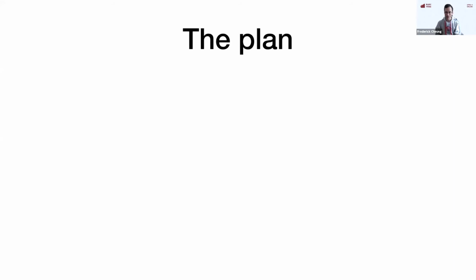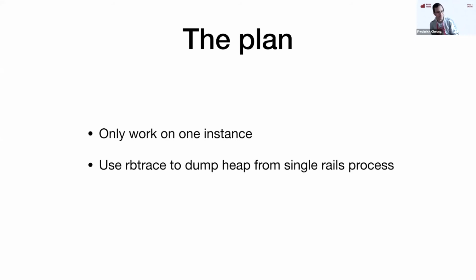So maybe if I only turn this on for one server, and on that one server, on only one Ruby instance inside that server, and then use rbtrace to just turn it on for a few minutes. And if I do it at a quiet time of day, then it's probably only going to have a very limited impact on our users. And that is the extent of my debugging in production. I'll get that heap dump file, copy it back to my local machine, and do the analysis offline.